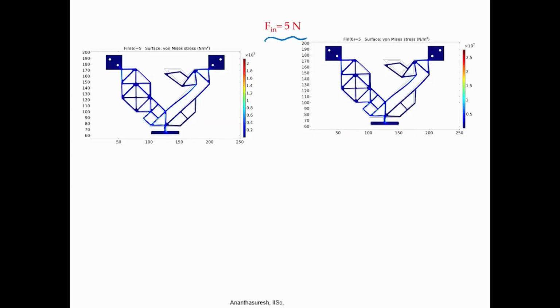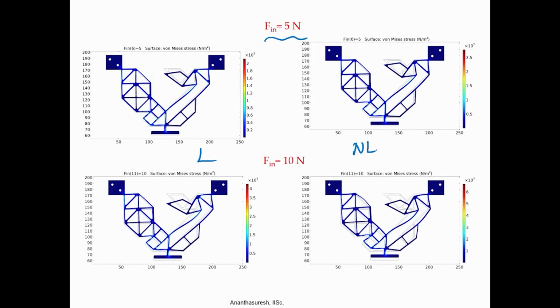If there are only 5 newtons, between linear and non-linear there is not that much difference that we can actually discern; both of them look almost the same. If I increase the force to 10 newtons, then we can start seeing some differences, this is linear, this is non-linear, but not so apparent even at this point. Okay, there are some differences.